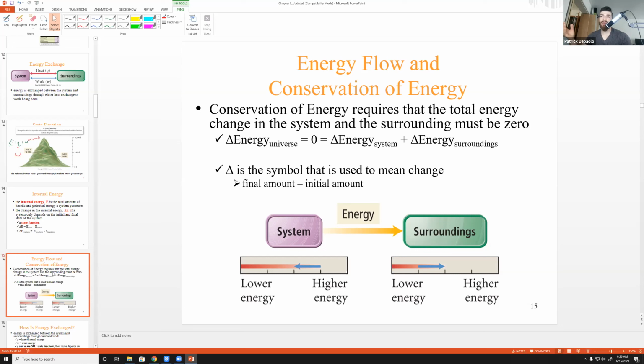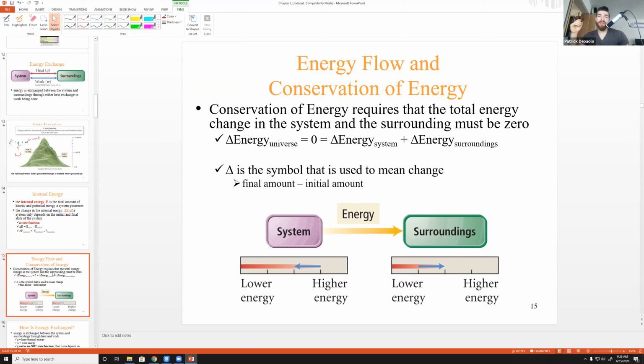In reality, there's no perfect conservation in a real reaction. All energy is conserved, but if we're doing a reaction in the real world, we're not going to gain 100% of the energy lost from our surroundings to our system. Some of it will always dissipate into the environment. That's a given, just like our percent yield is never 100. We'll always lose something.